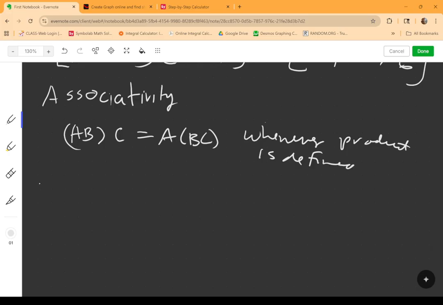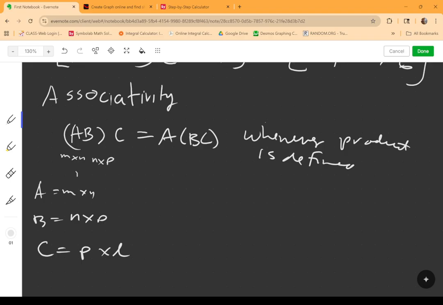Let's say A is M by N, B is N by P, and then C is P by L, we'll call it. We see here that AB would be properly defined, N by N and then N by P, I should say.